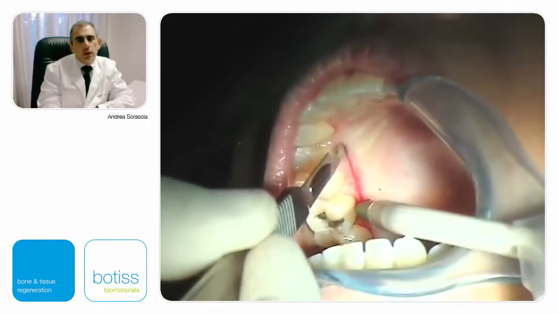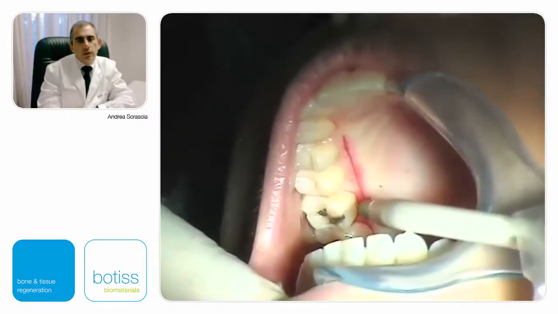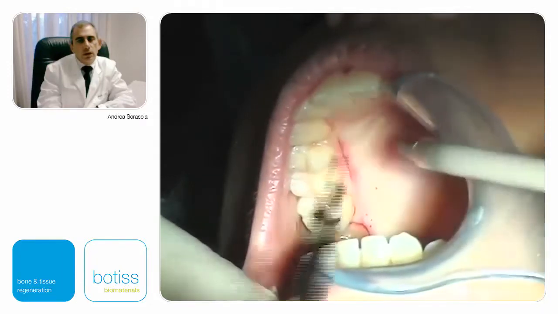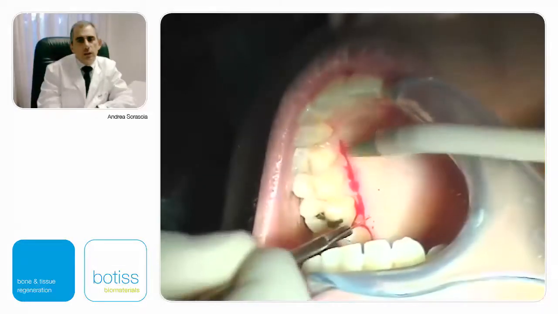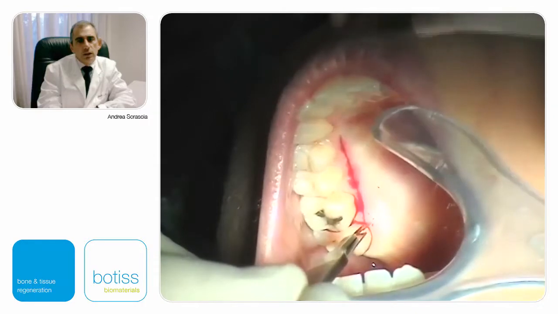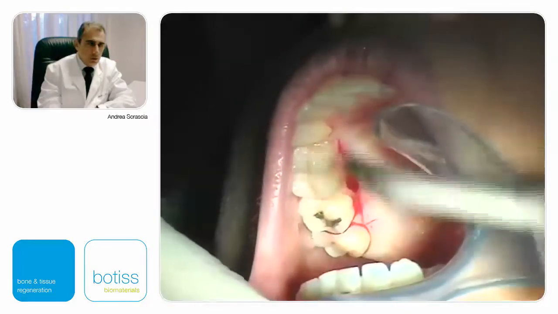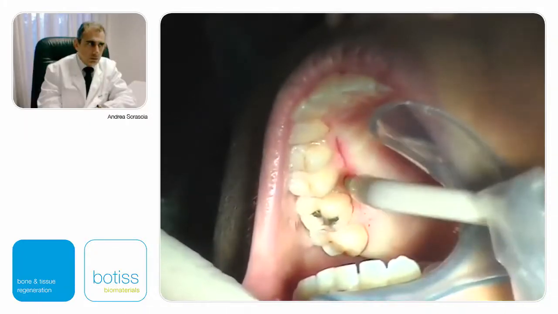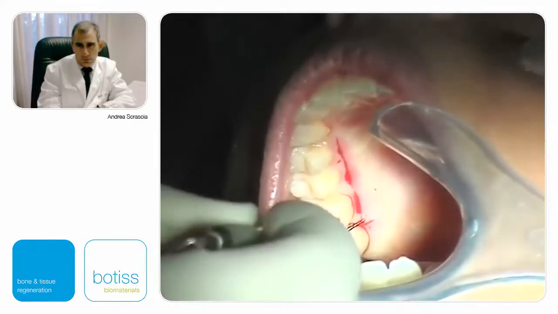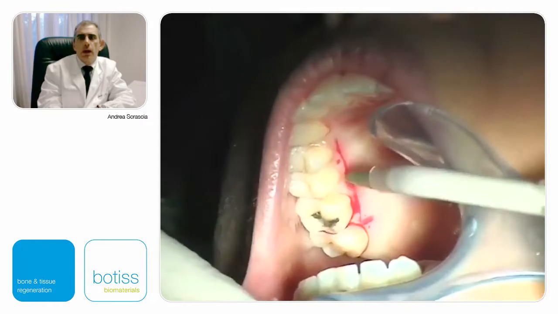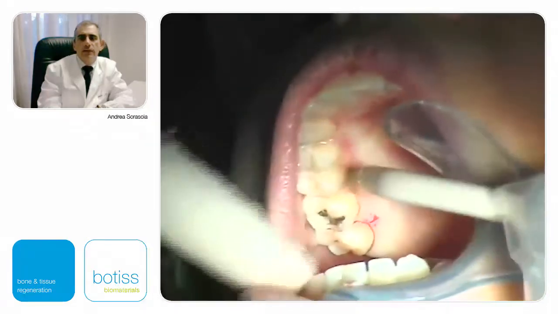So execute the 2 vertical incisions, depending on the amount of keratinized tissue needed.